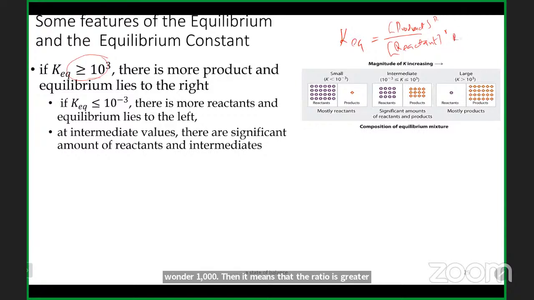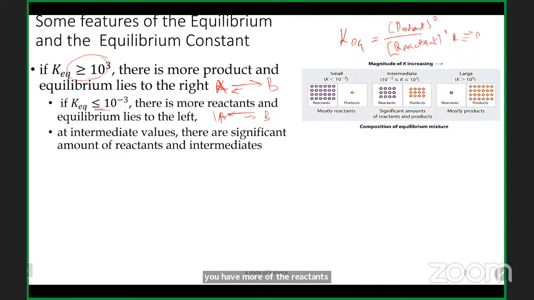So reactants go into product. If it is high, then we say that equilibrium A to B is more to the product side. If it is low, less than 10 raised to the power minus 3, then you have more of the reactants.